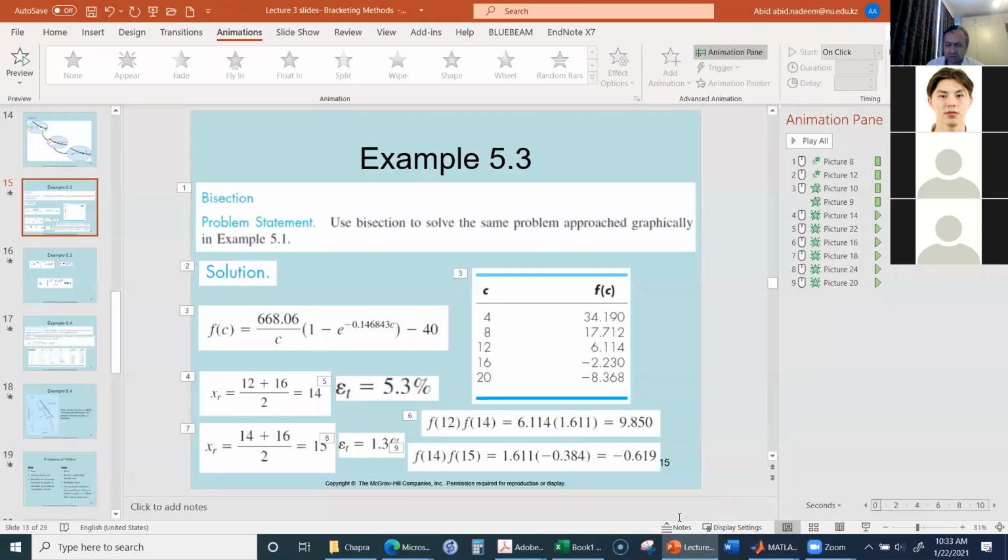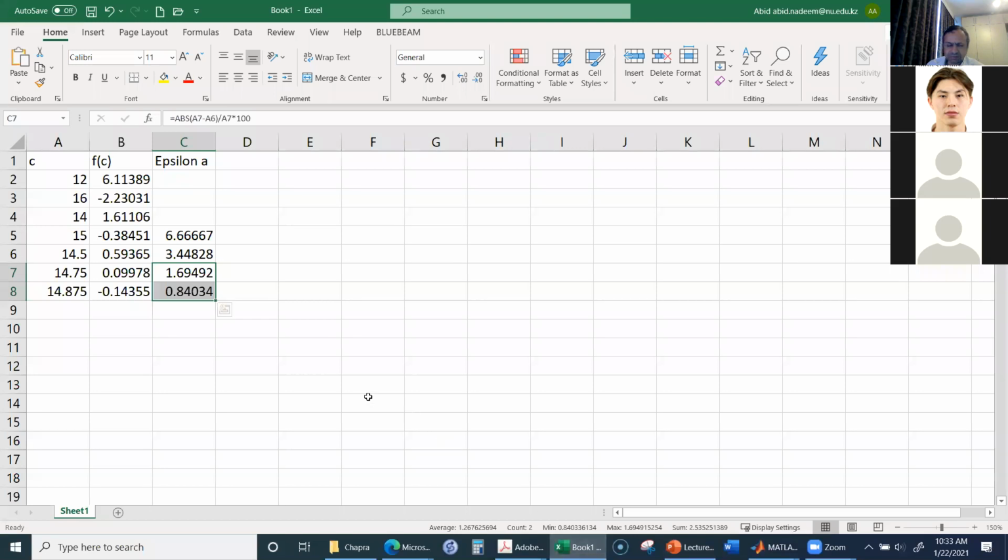Sorry, I have a question. Yes. Can you show the Excel file again, please? Yes. So here, shouldn't we take for the seventh value not 14.75, but the average between... okay, sorry. So we took 14.75 because it is the average of 15 and 14.5, because these two values are of opposite sign.